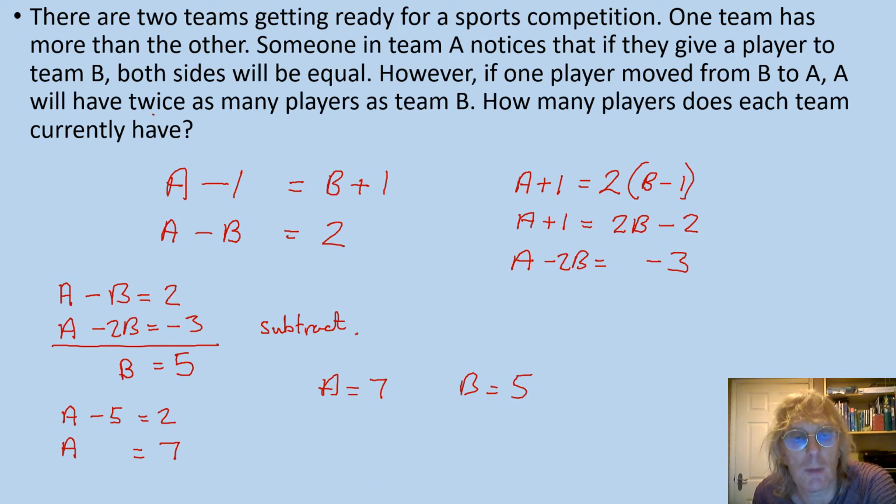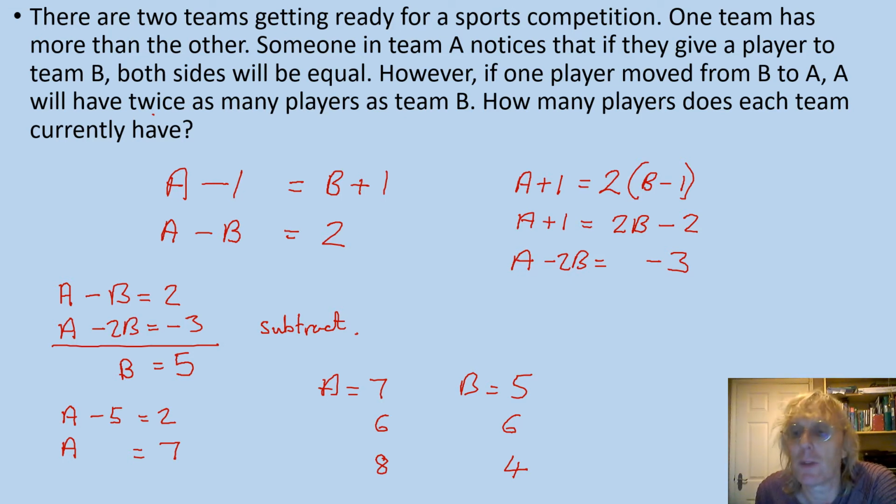And you can see straight away, if you take one away from A, that would be 6, and add one to B, it would be 6. So that would make them both the same. If we took one from B and added it onto A, we would end up with 8 and 4. And 8 is twice as much as 4. So there we go. Now that's how we do that.